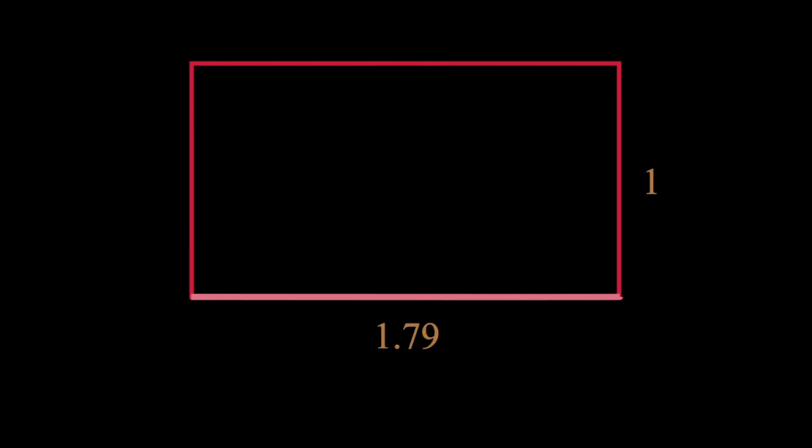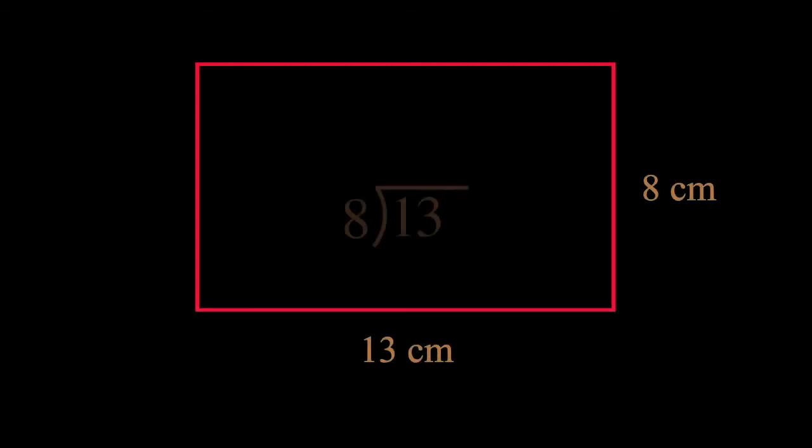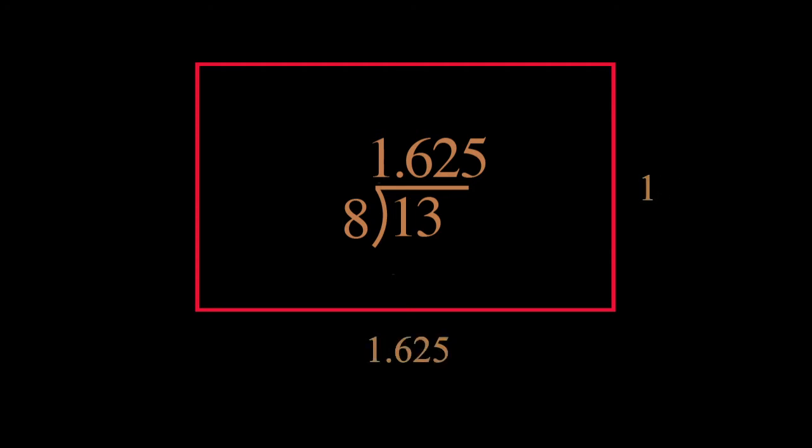For the sake of simplicity, we are eliminating the idea of reciprocals. To calculate the proportion of a long rectangle, measure the height and width of the rectangle and divide the measurement of the short side into the measurement of the long side, yielding the ratio expression of the long side. The ratio expression of the short side is always 1.